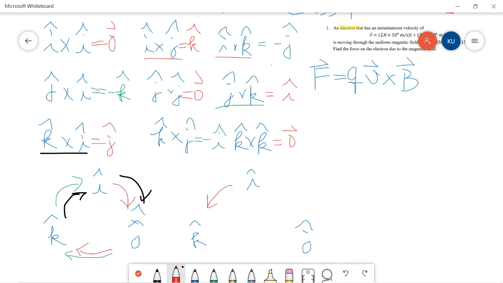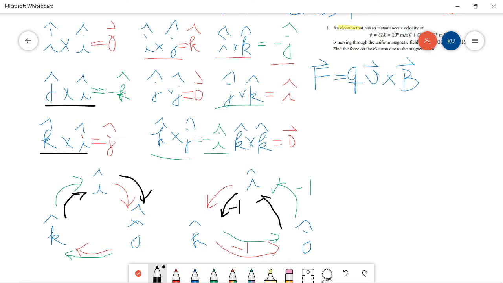So we have negative J. Likewise, K cross J is this one. So we should have minus I like this. If we have J cross I, it is this one. So we should have minus K, something like this.